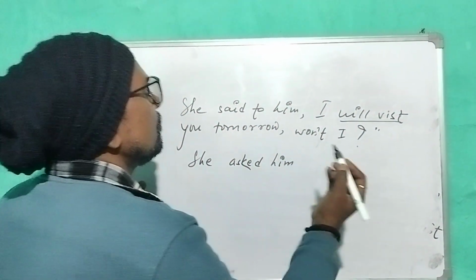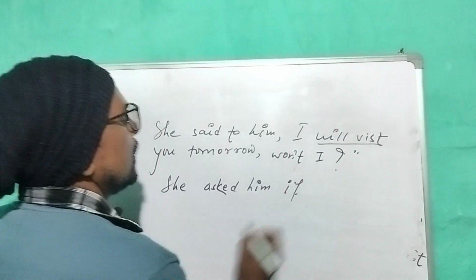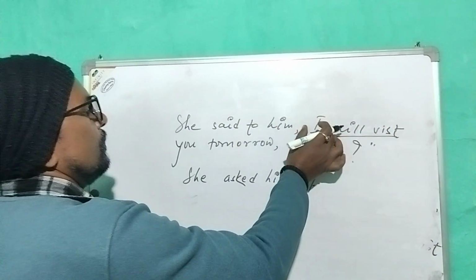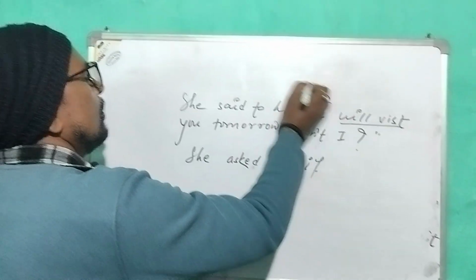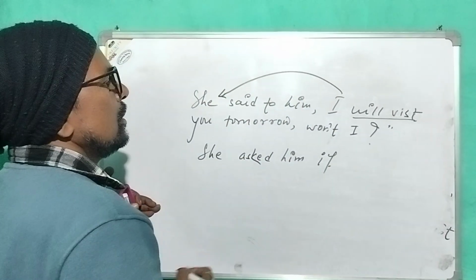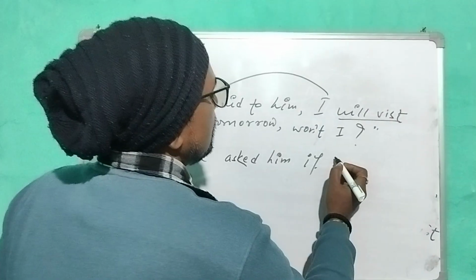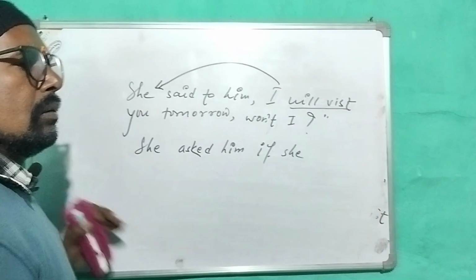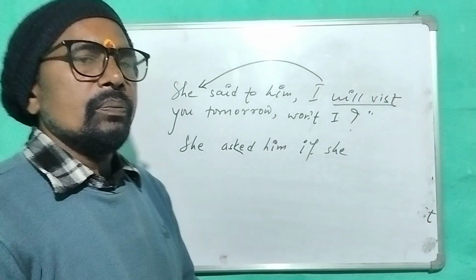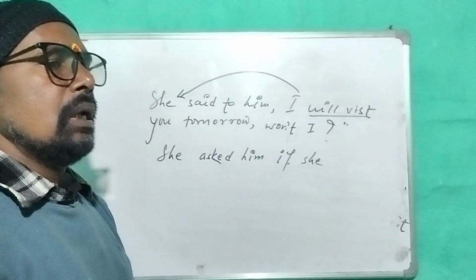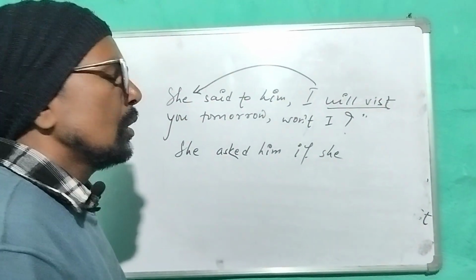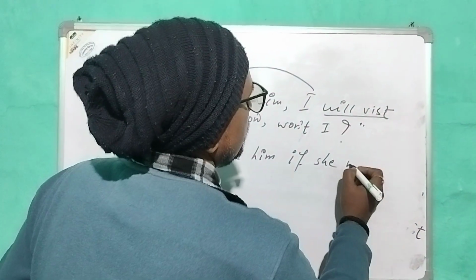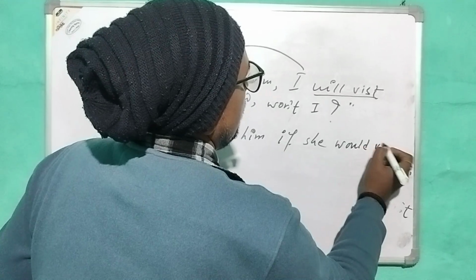She asked him if I, first person subject in the subjective case, so I must be changed into she. Will plus V1, shall plus V1 change into past, so would plus V1. She would visit.